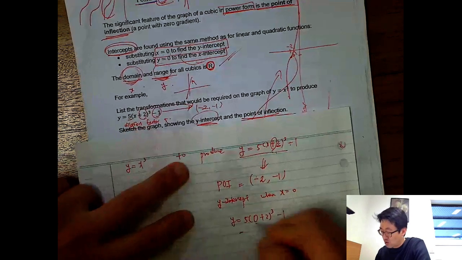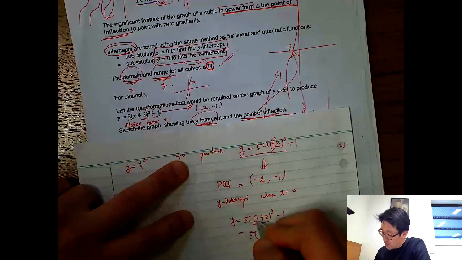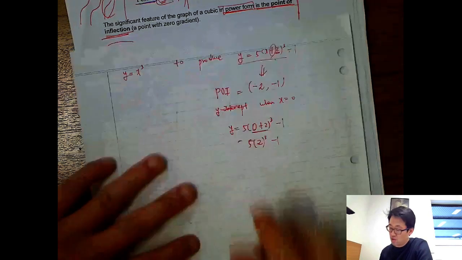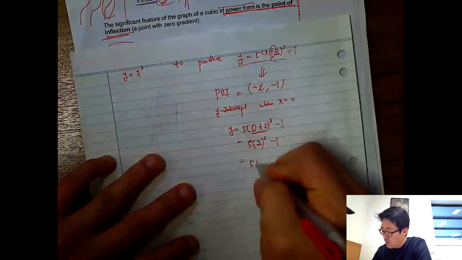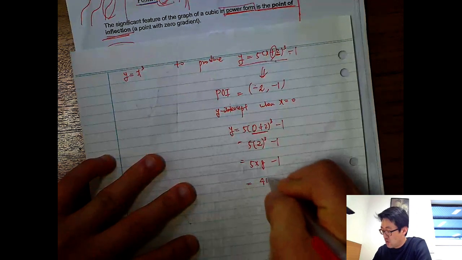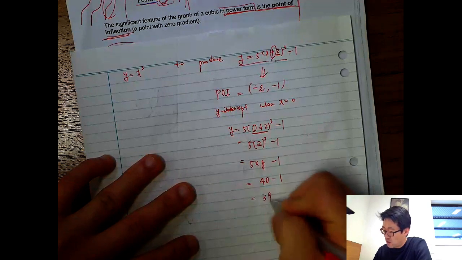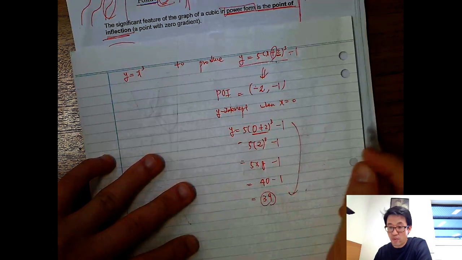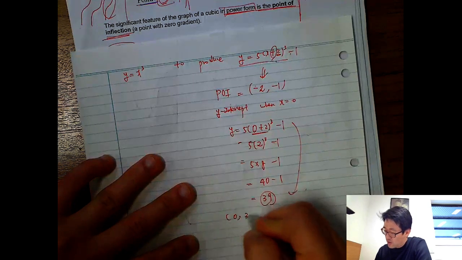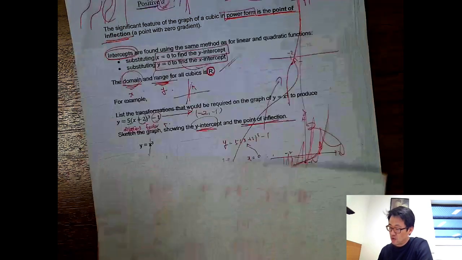You have to calculate inside. 5 times 2 cubed minus 1, 5 times 8 minus 1, 40 minus 1, 39. You can go straight away if you want. So the y-intercept is when x equals 0, y is 39.